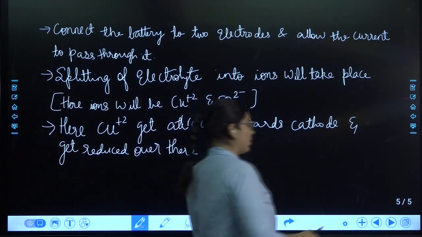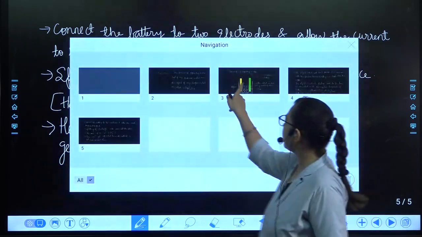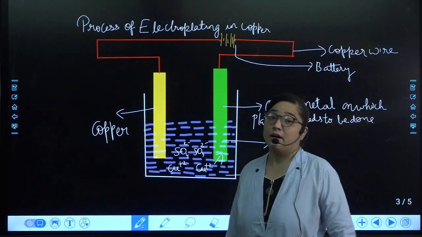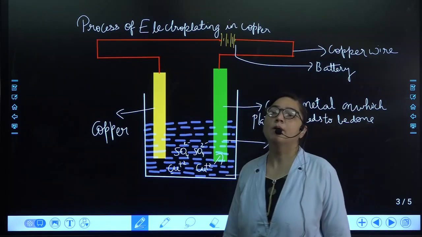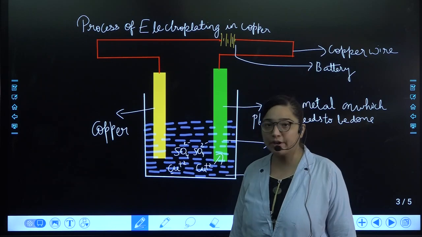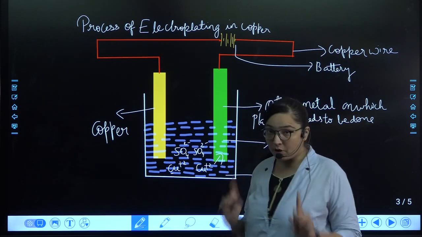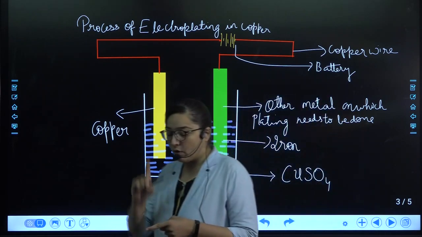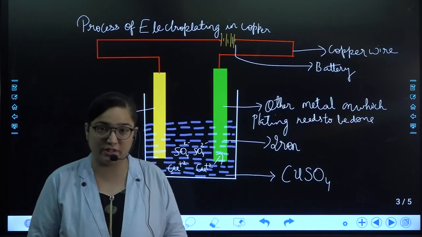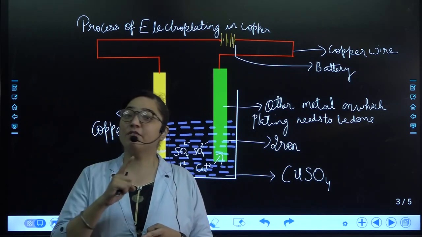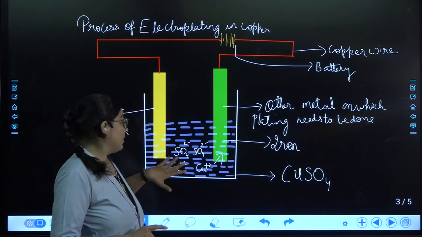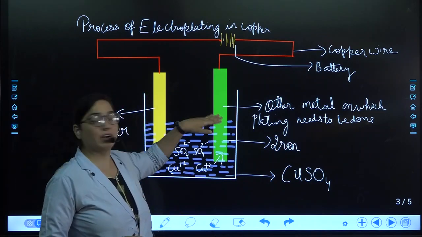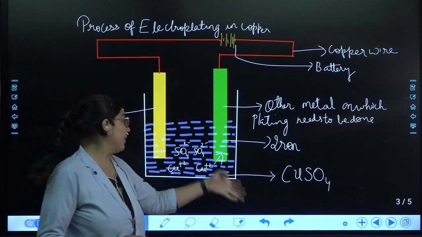SO4 2- ions are also produced. But SO4 2- ions will not get oxidized at the positive terminal. Okay, this is an important point. Reduction of Cu2+ is taking place, but oxidation of Cu is taking place in a different manner. Cu2+ got converted into Cu, its reduction happened.